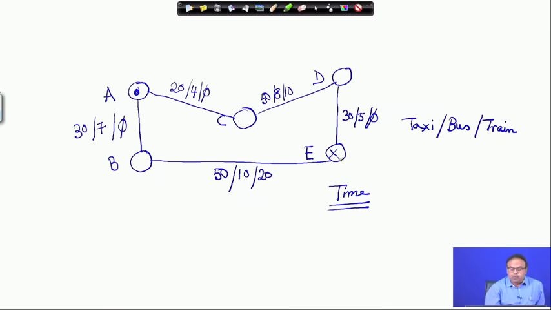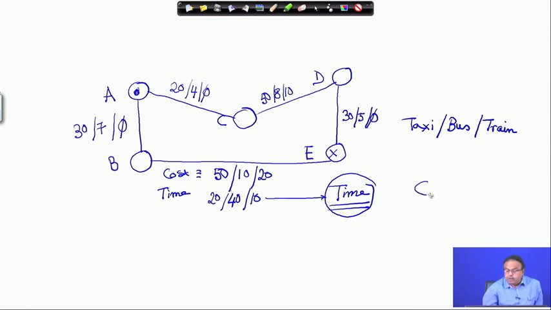For example, from B to E by taxi it takes 50 rupees and say takes 20 minutes, and by bus 10 rupees, but it takes 40 minutes, and by train is 20 rupees, but it takes 10 minutes like that. So, if the time information is also there, I may be asked to minimize the time, and what is shown here is the cost. So, I have got the cost and the time.